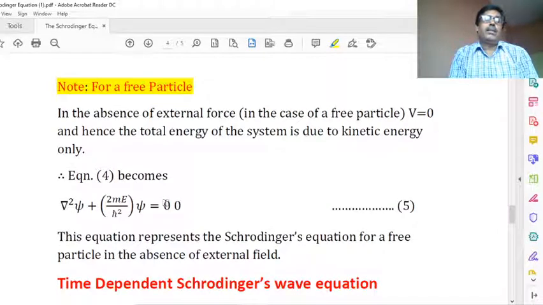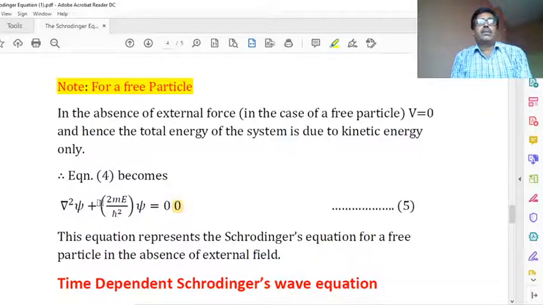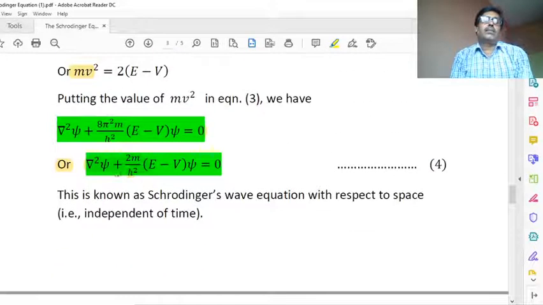This is the equation. This 0 will be deleted here. So this one is again the Schrodinger equation but for free particle, and this is the Schrodinger equation time independent.